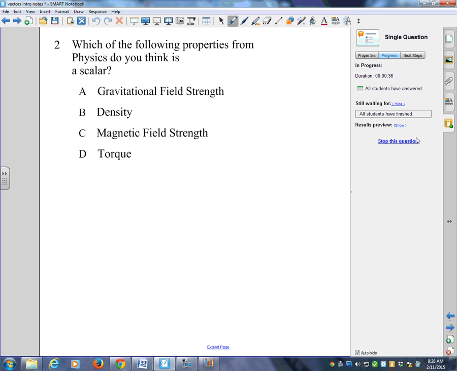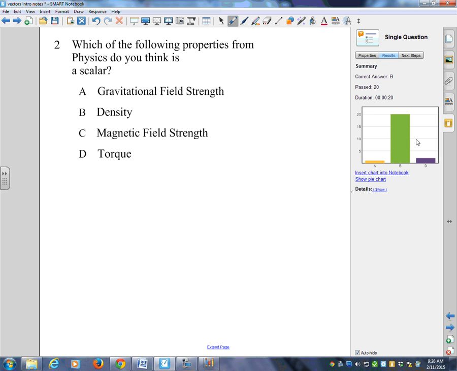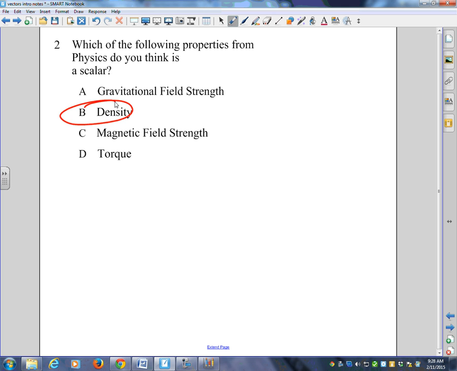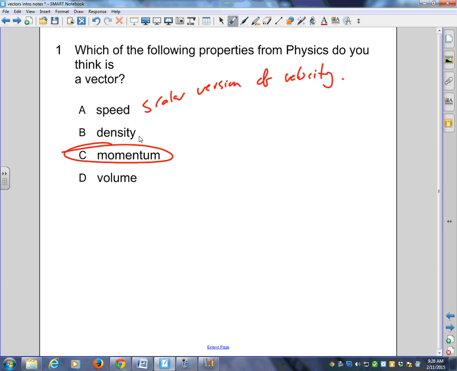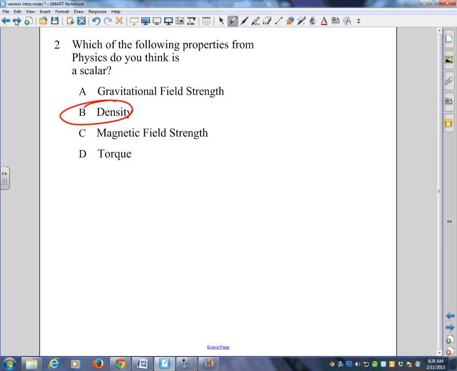How'd we do? Hopefully better? Yes! If you were paying real close attention, you would have noticed that density was there. Gravitational field strength, generally, the direction is down. Magnetic field strength is from north to south, usually. And torque is either a clockwise or counterclockwise direction kind of thing.